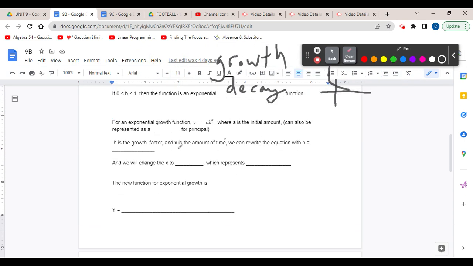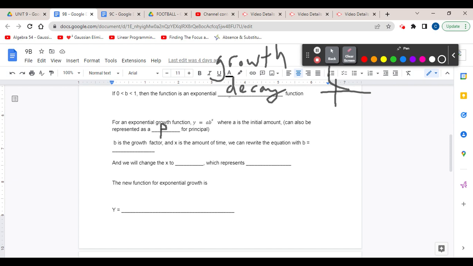Now, in the exponential growth function, y equals ab to the x, a is the initial amount, and we could also represent a with p for principal. B is a growth factor, x is the amount of time.